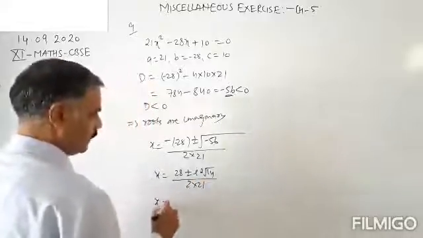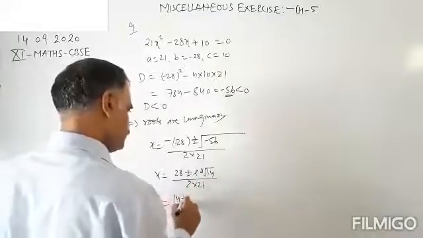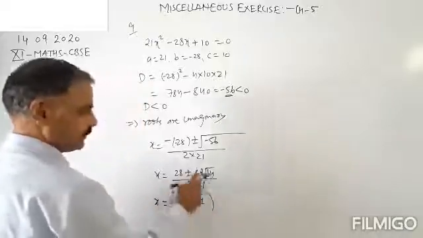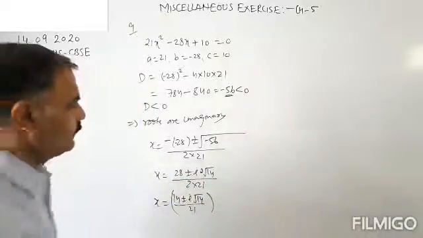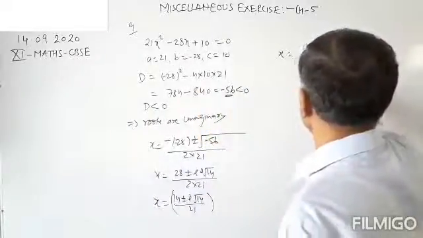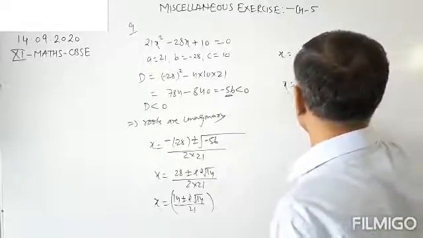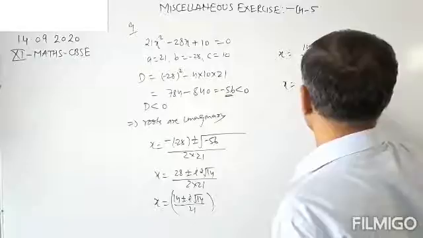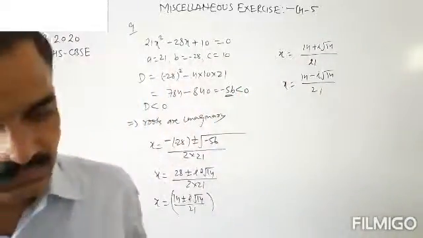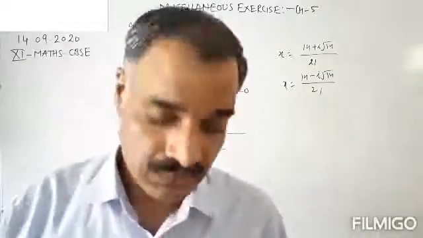Taking 2 as common, the roots are x equals 14 plus iota under root 14 upon 21 and x equals 14 minus iota under root 14 upon 21. So these are the roots of the quadratic equation in question number 9.